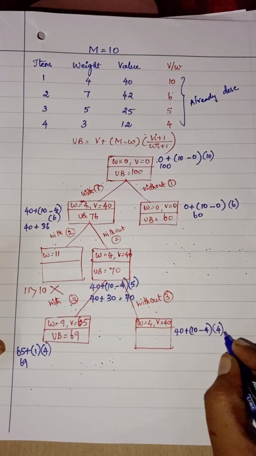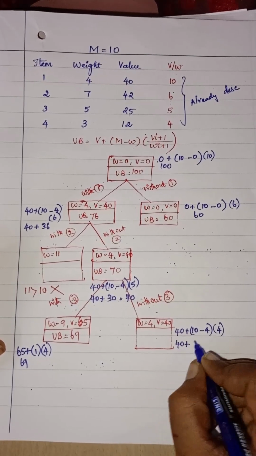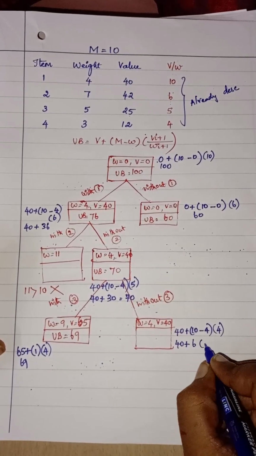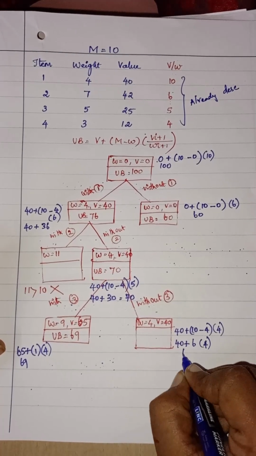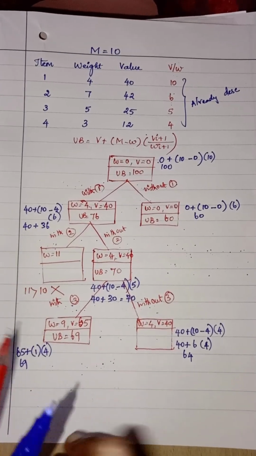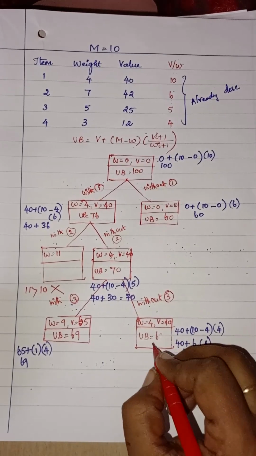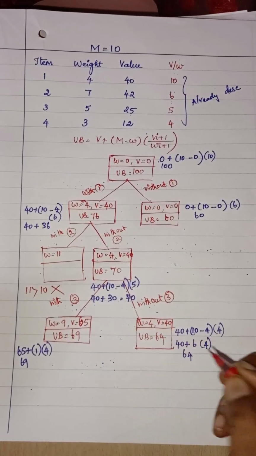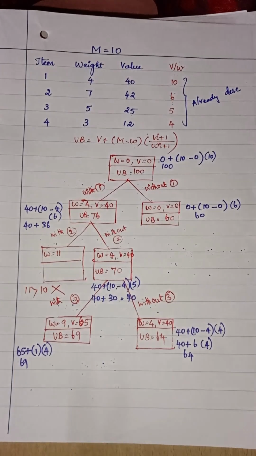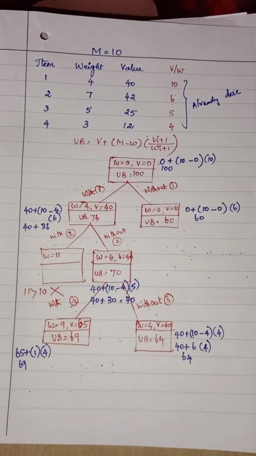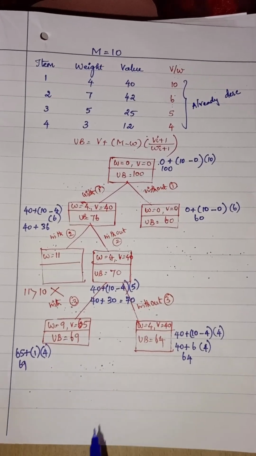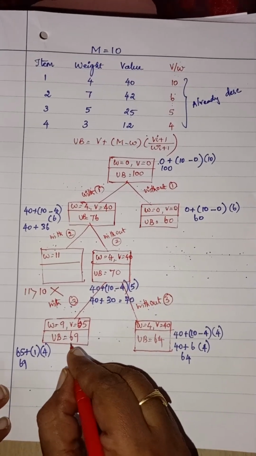So it is 4. So 40 plus 6 into 4, that is 64. So upper bound is 64. So of these two, which one should I explore? The maximal one. So I am exploring this.